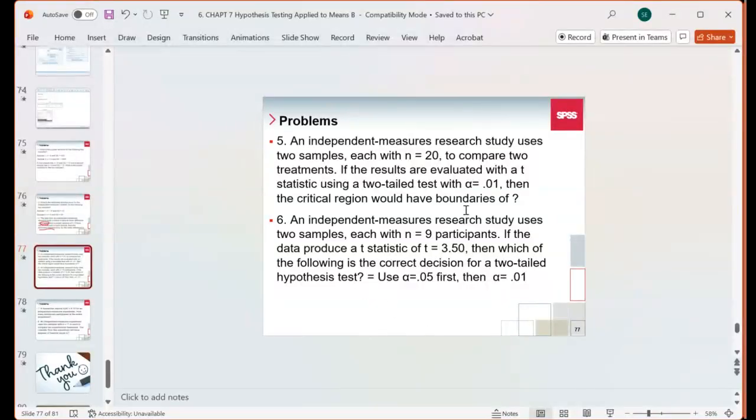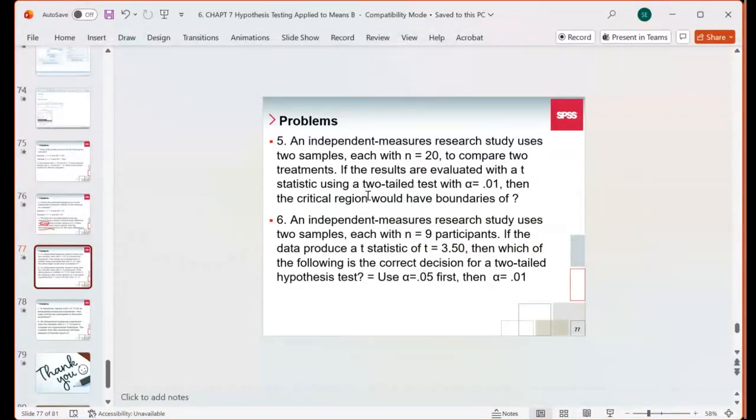This one says the critical region. So all you have to do, this is 20 minus 2. Each has 20, so you've got 40 people. 20 in one group, 20 in the other group, that's 40. Minus 2 is 38.